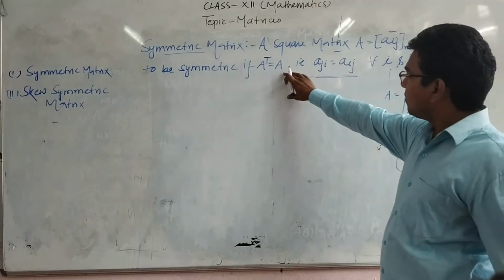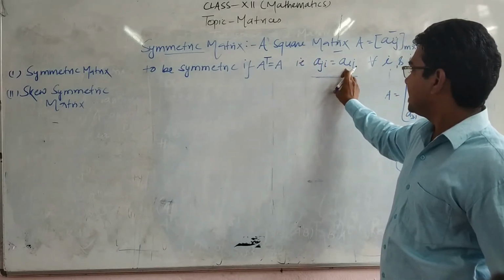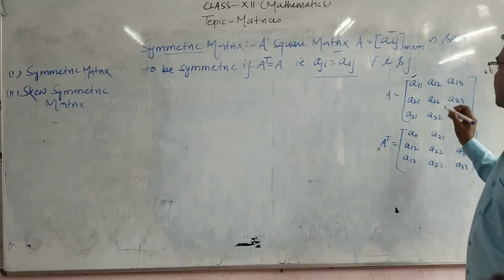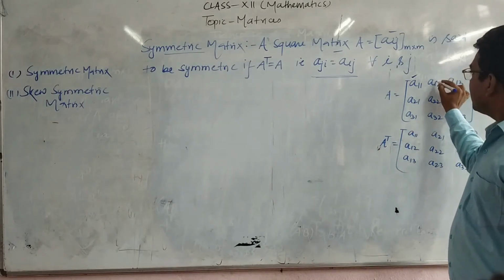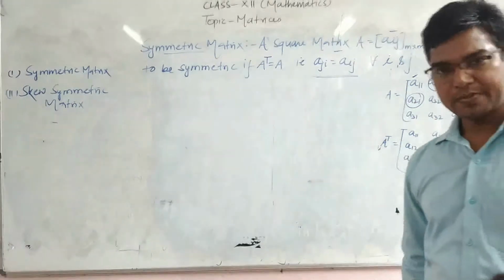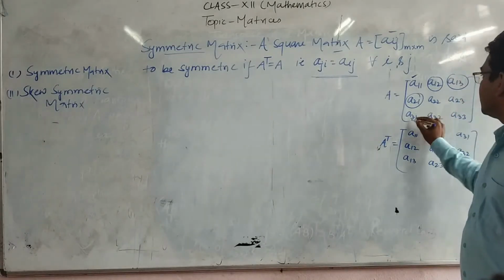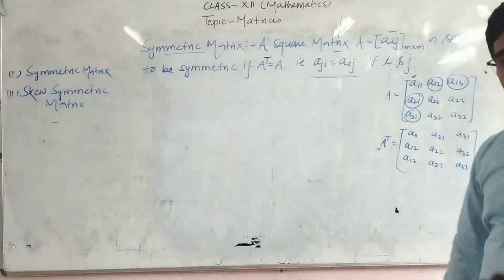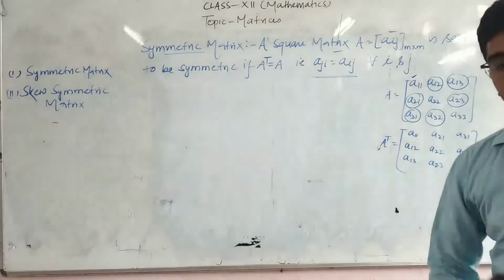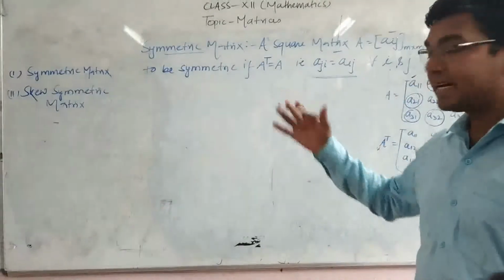So the meaning of Aji equal to Aij is that after taking the transpose, the values of the elements A12 and A21 must be the same. A31 should be equal to A13 and A23 should be equal to A32. Such a type of matrix is called a symmetric matrix.